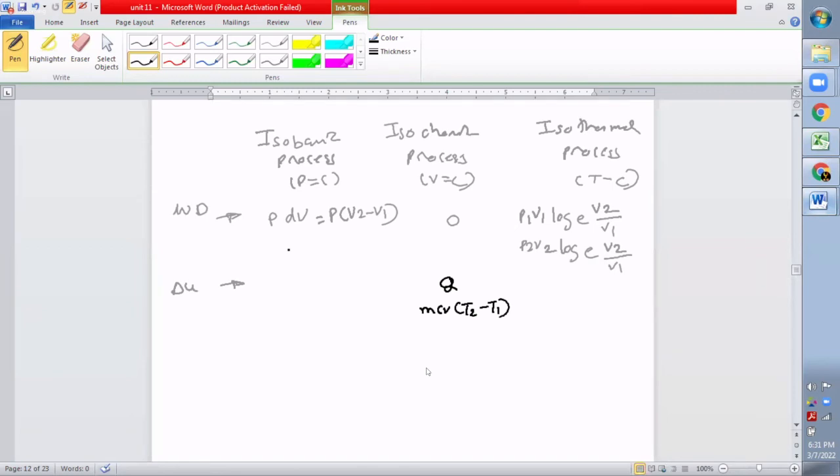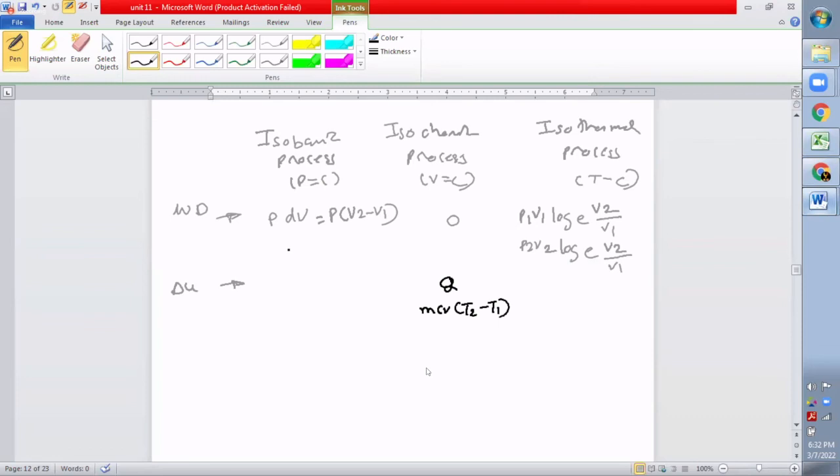Del U, is it equal to 0? Yes or no? Isobaric process, pressure is constant. Yes sir, so temperature will become 0 there? No, pressure is constant, volume is changing, temperature is changing.